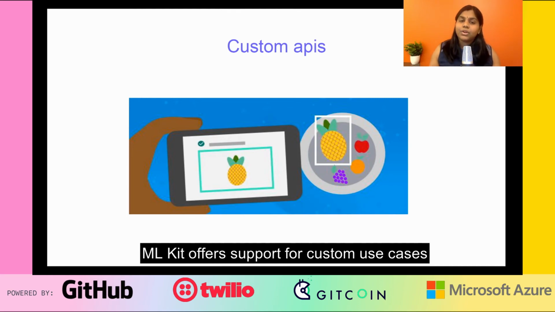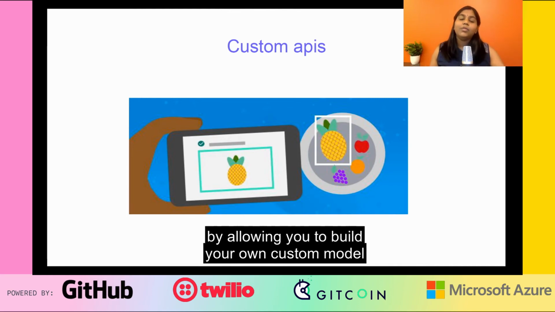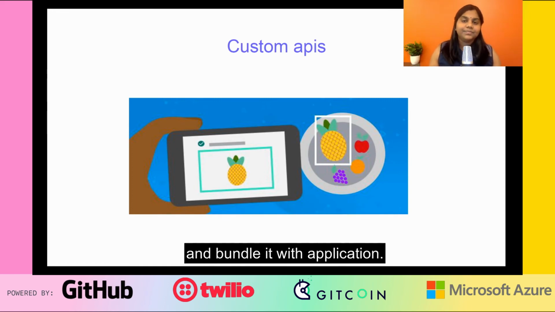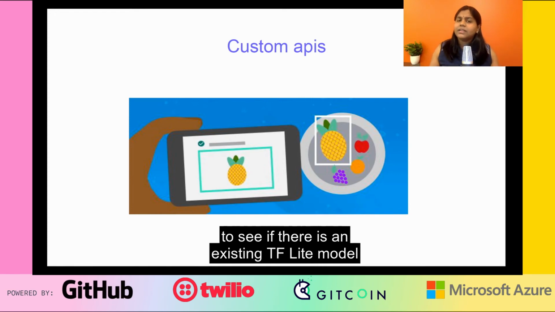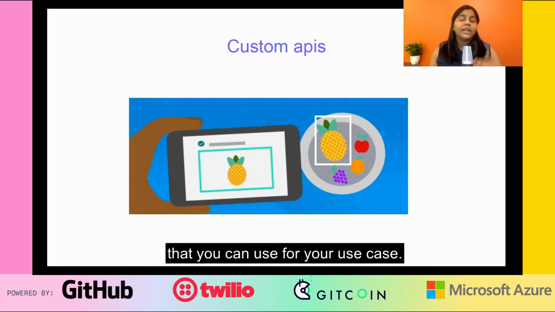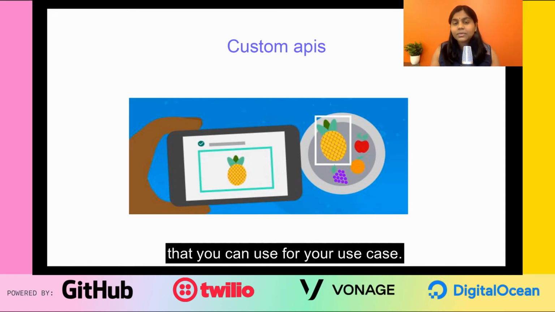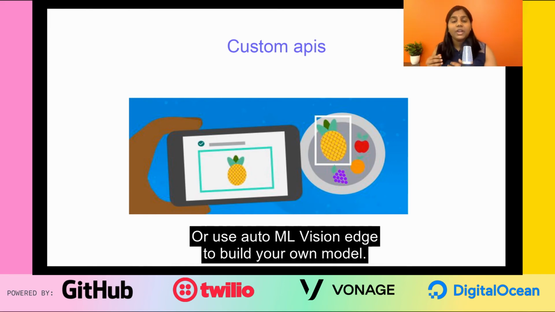MLKit offers support for custom use cases by allowing you to build your own custom model and bundle it with the application. To build a model, you can look up TensorFlow Hub to see if there is an existing TF-Lite model that you can use for your use case, or use AutoML Vision Edge to build your own model.